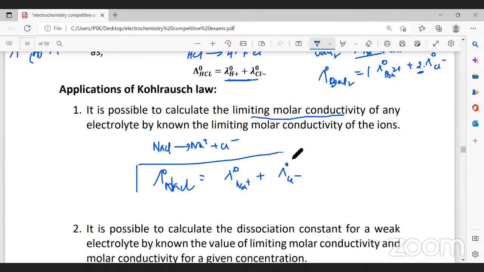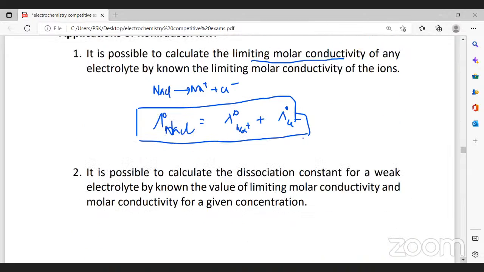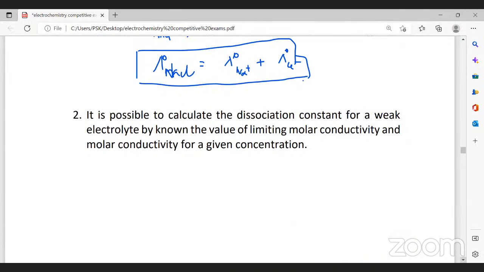This is the first application. When we know the limiting molar conductivity of each ion, we can find the limiting molar conductivity of the electrolyte.